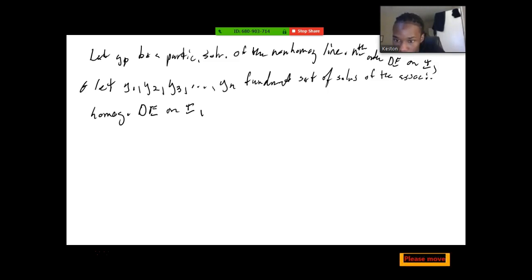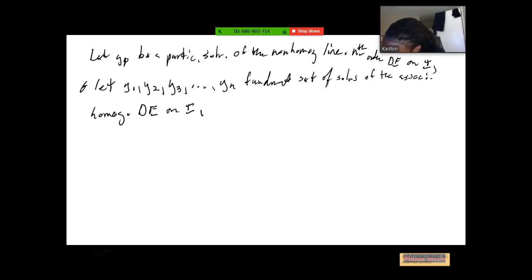Now, if y sub p is a particular solution of that non-homogeneous case that has that function at the end, something on the right-hand side, it is a particular solution.